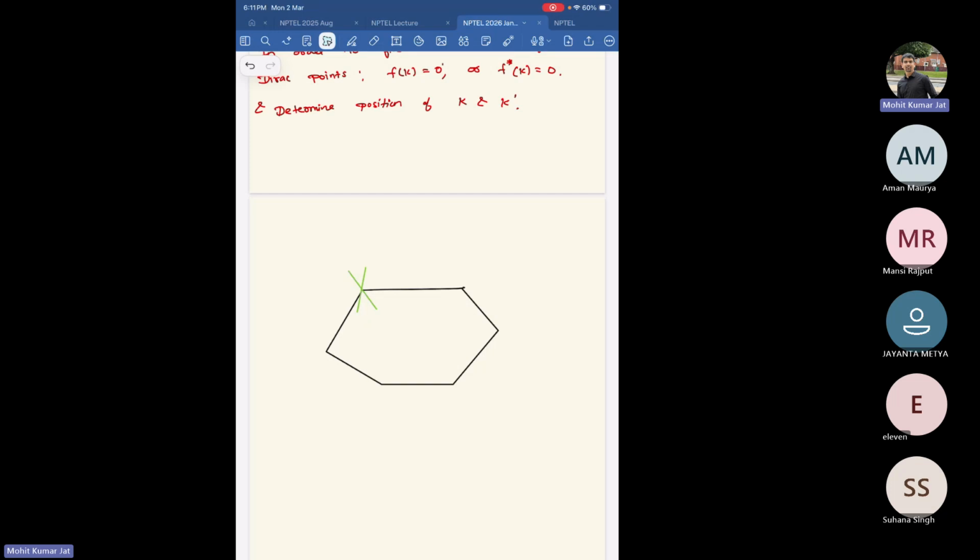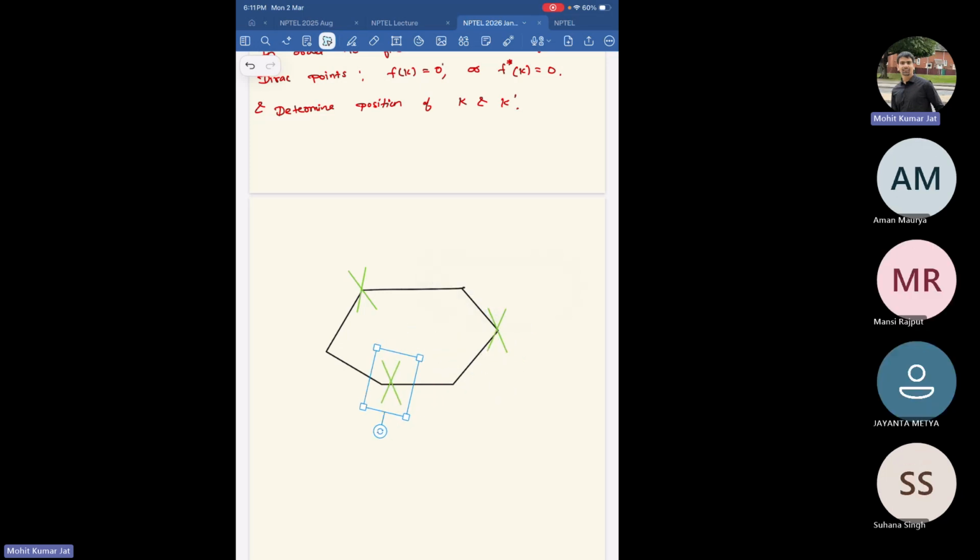So this is one point, one will be here, and one will be here. These three are of one kind. Let's call the green one the K. This is a K point. This is also equivalently a K point. Then similarly, there will be K prime.